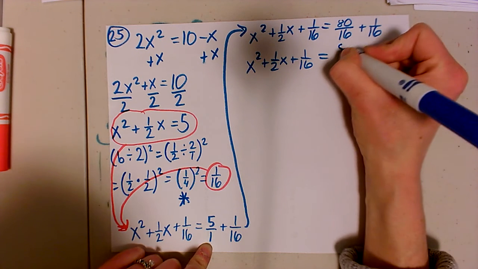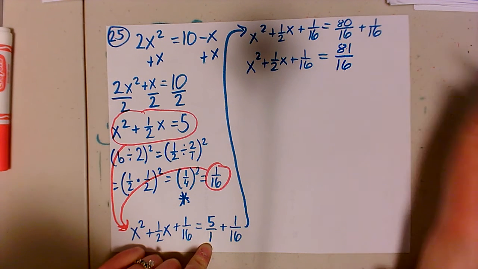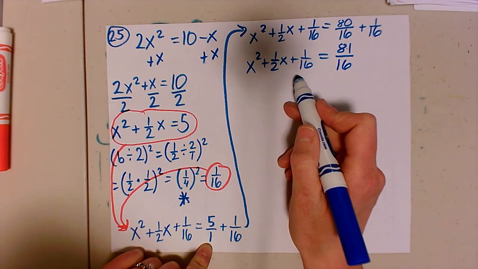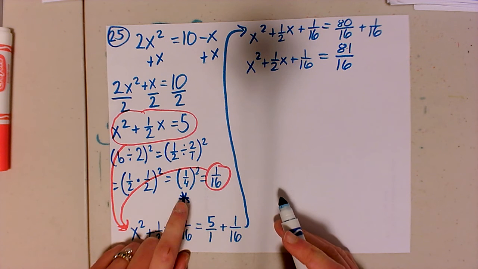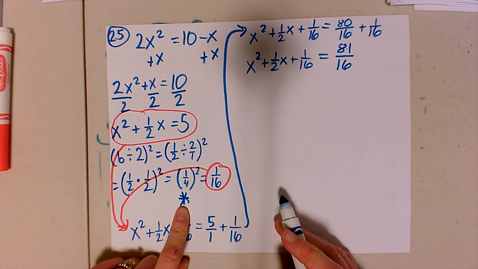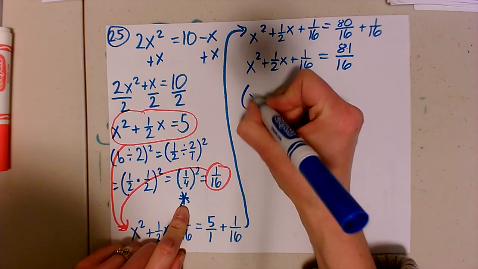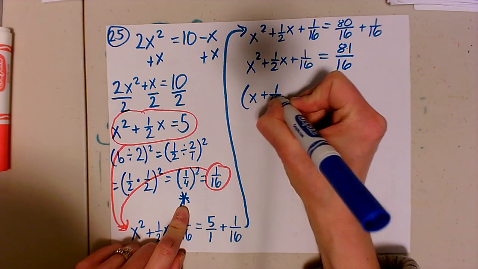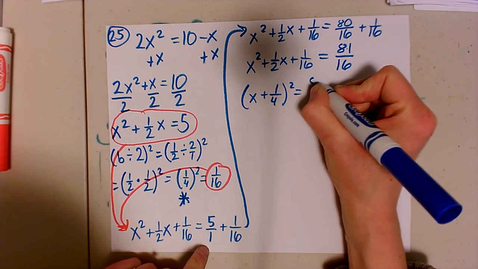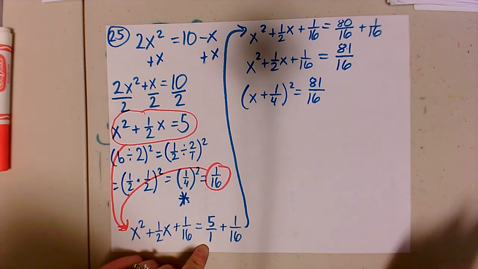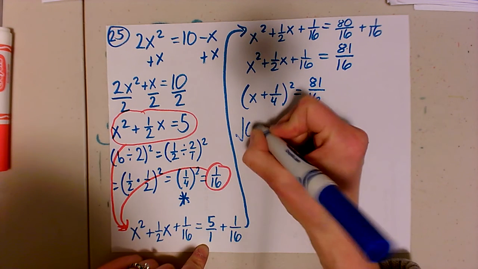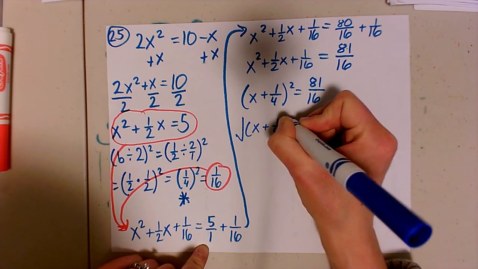That's just going to turn into 81 over 16. So now I can factor the left, and to factor that, we're going to use this 1/4 over here that we starred. So this is going to turn into x plus 1/4, the whole thing squared. That equals 81 over 16. So now we can take the square root of both sides.